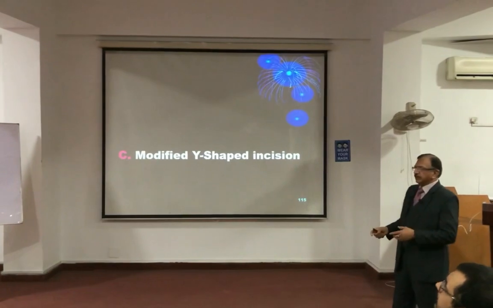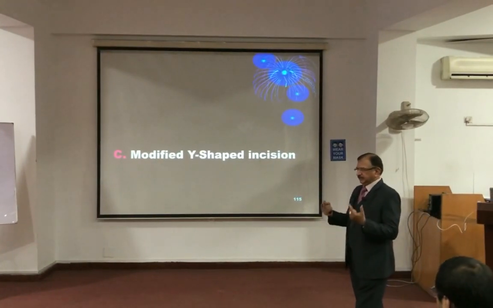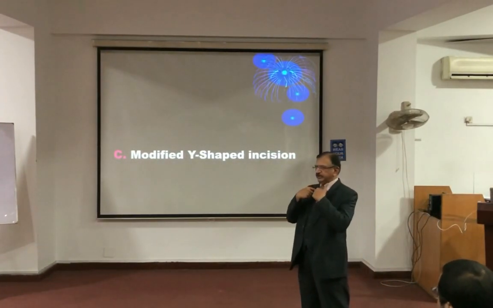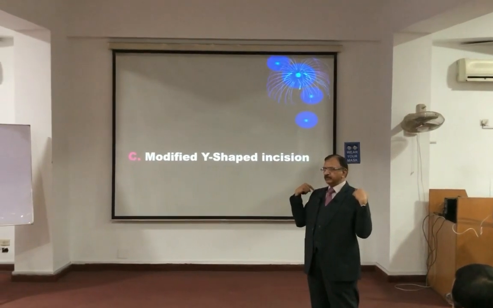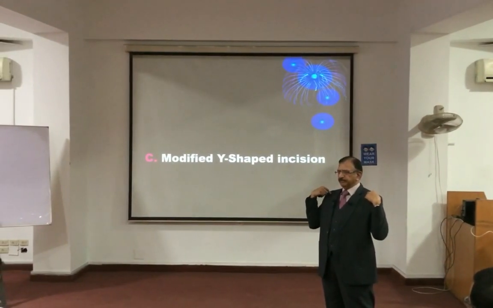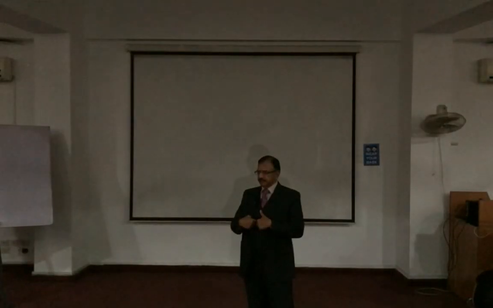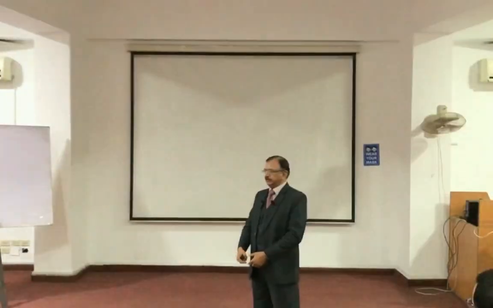Or it is a modified Y, where the neck is opened separately in V shape, and the Y is from the tip of the acromion, joining in the xiphisternum below the nipples, then going deep in the middle.